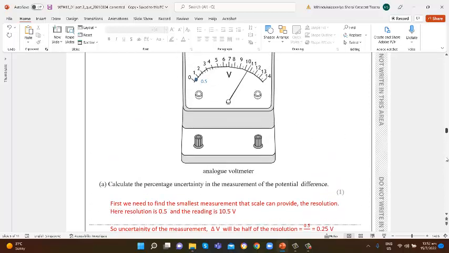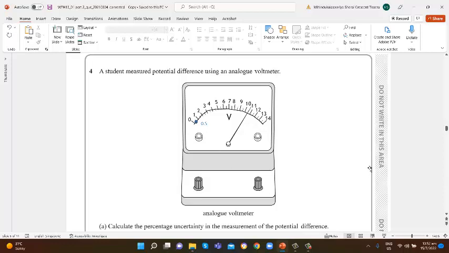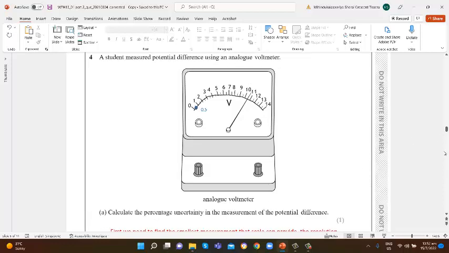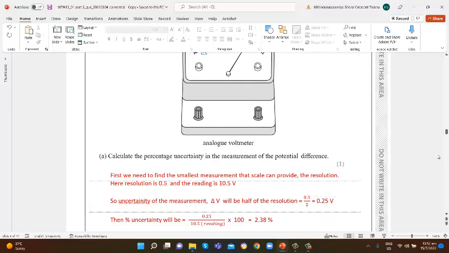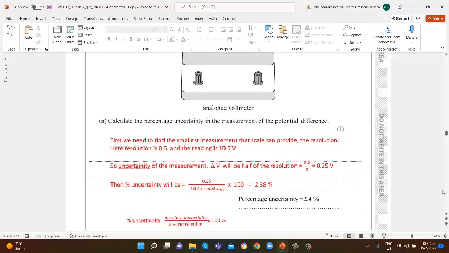It is given for 2 significant figures, so you work it out for 2 significant figures. So you are getting 2.4 as the percentage uncertainty.